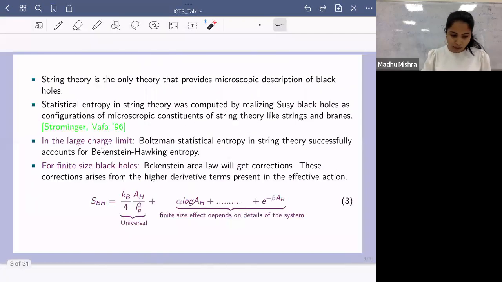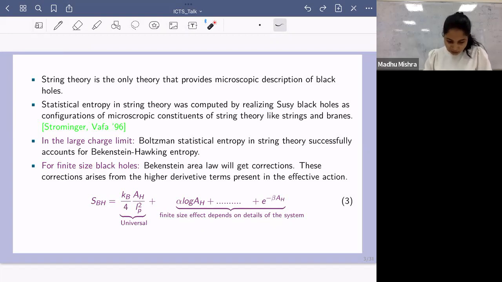Enter string theory. Out of its many triumphs, string theory is the only theory that provides a microscopic description of black holes. And the first statistical entropy was calculated in string theory in 1996 by Strominger and Vafa by realizing the black hole as a brane system. Their result agreed with the Bekenstein-Hawking area law and also provided subleading corrections to the entropy.